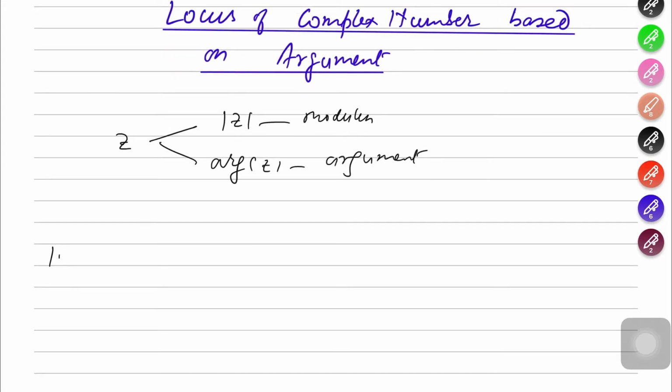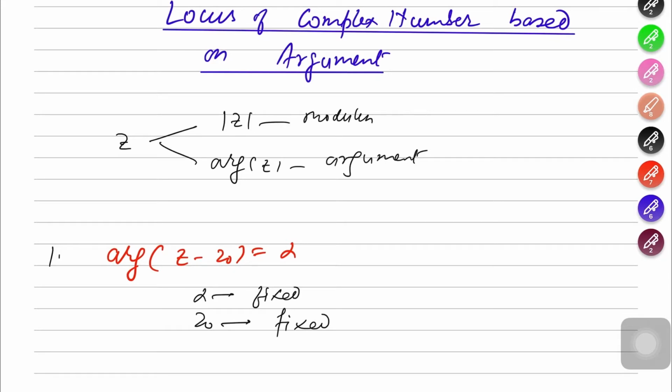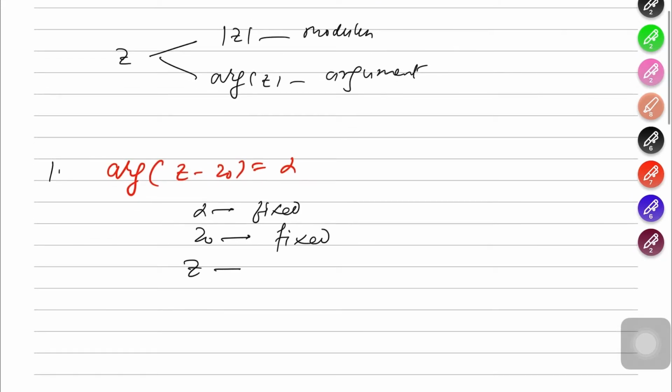First let's see argument of z minus z naught is equal to alpha. Here alpha is a fixed angle, z naught is also fixed, and z is variable, and that is basically the locus.